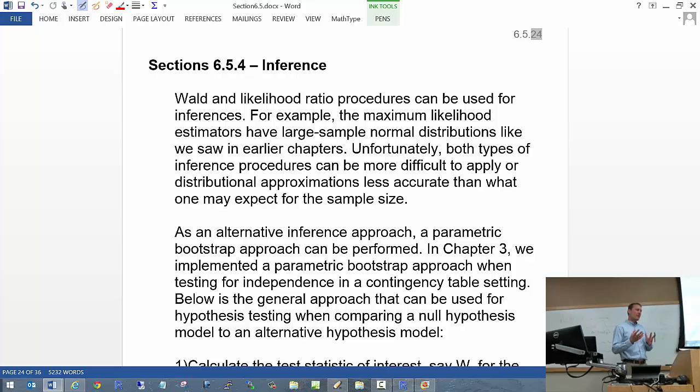And basically, the idea that we did was this. We said, okay, let's simulate some data sets under the null hypothesis. Meaning, let's assume the null hypothesis was true. We had independence between the rows and the columns. Let's simulate some data sets. Calculate the test statistic for every single data set. Then you can do a histogram of the test statistics.